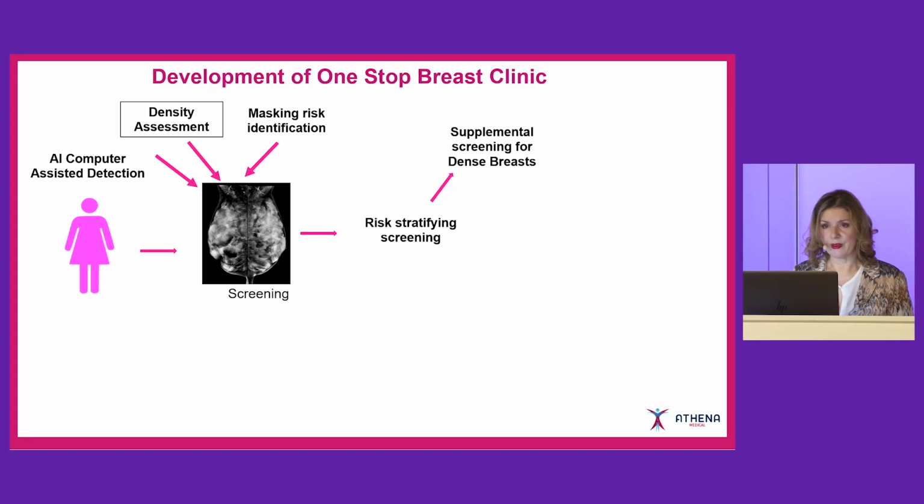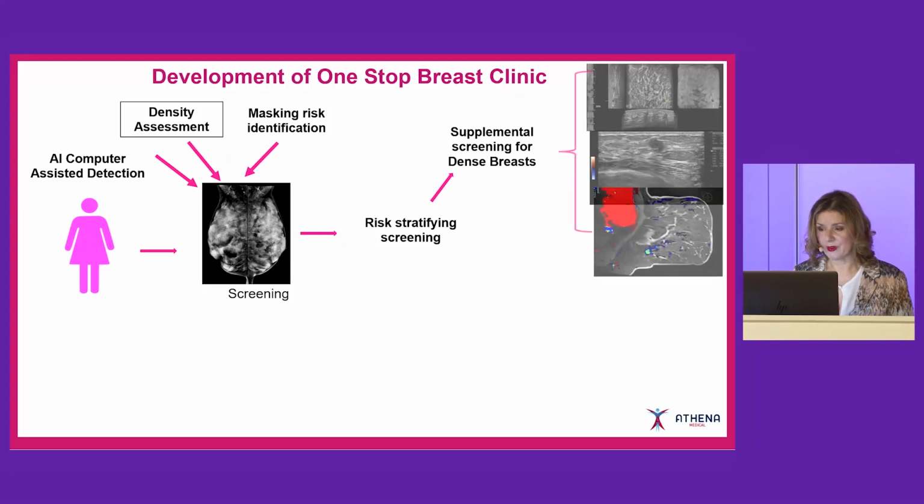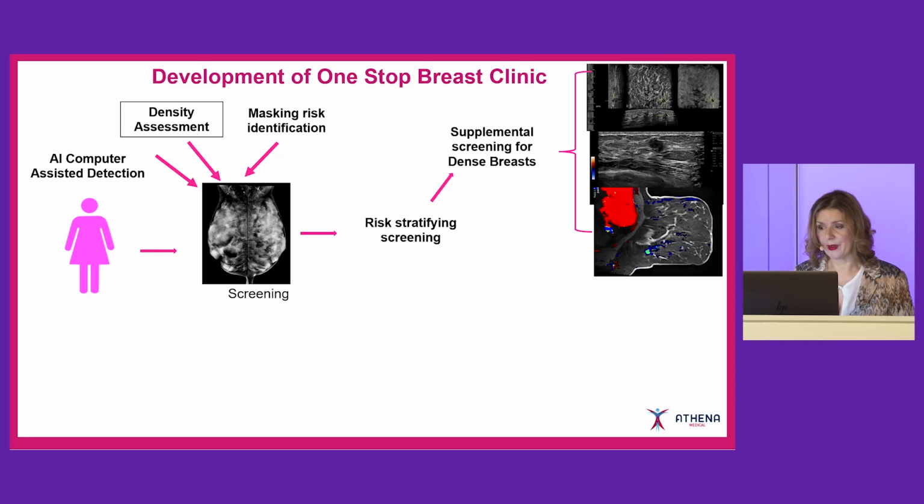And then in women that have heterogeneous and extremely dense breasts, we supplement screening with ABUS as the initial examination. If there are any areas of concern or any suspicious area, we perform targeted ultrasound at the same time. So the patient stays there, and then we deliver the results.